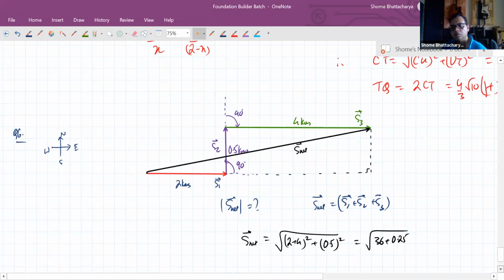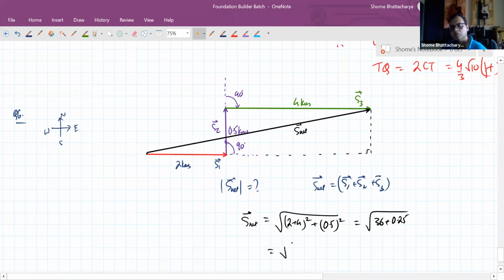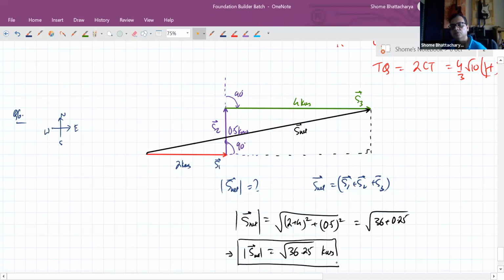Okay, so it's the square root of 36.25 kilometers. This is the magnitude of the net displacement. You can leave the answer this way, or we can do a bit of approximation calculation also if you like, but the answer key will be given to you like this only.